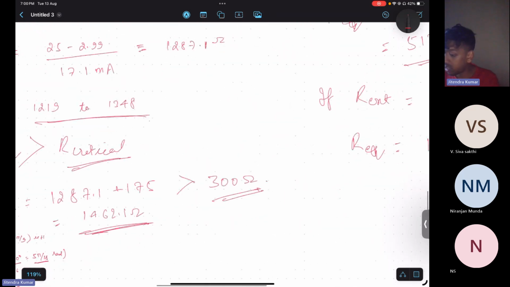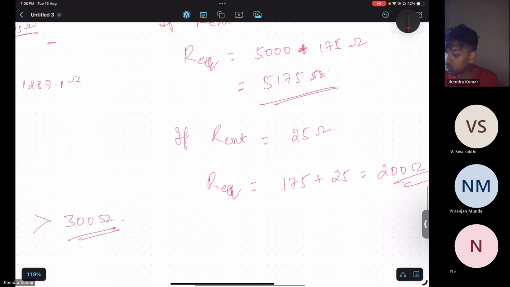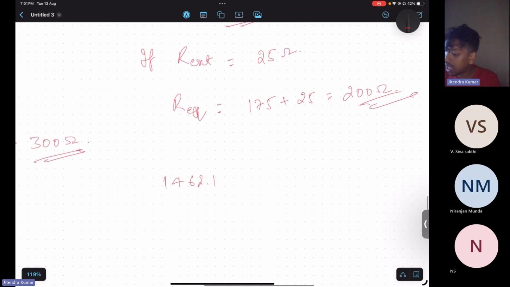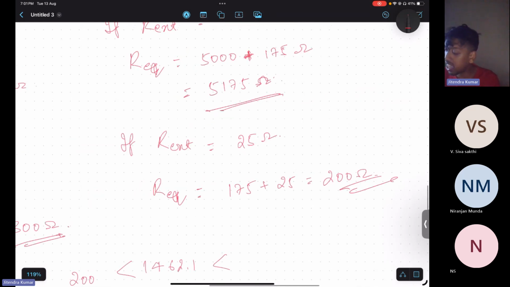This is the equivalent resistance, and 1462.1 is higher than 200 and less than 517.